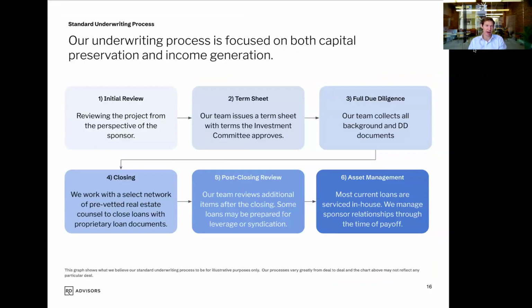Maybe we look at it and say it's a low LTV, but they're not making any money on it. Why would they do this, right? Maybe they have a different view on sales prices than we do. And because we lend on so many projects, we've seen so many markets and done so many, we might have better insights into a market than the borrower does. We share those, and that's why we get a lot of leads.